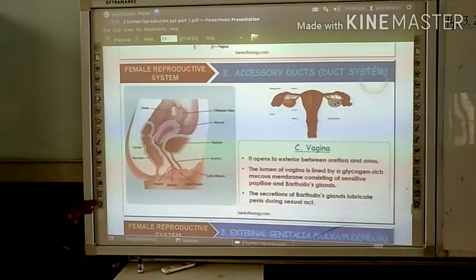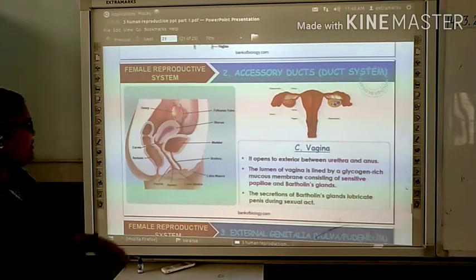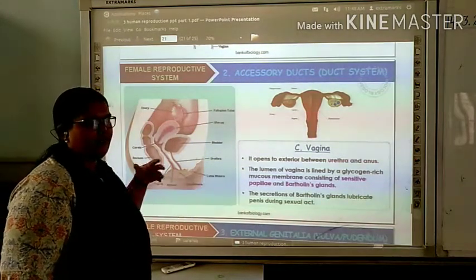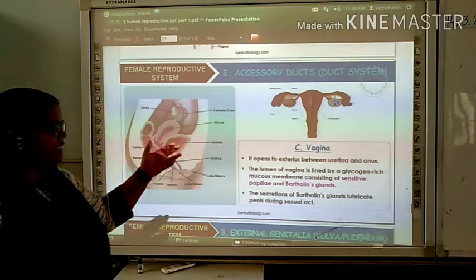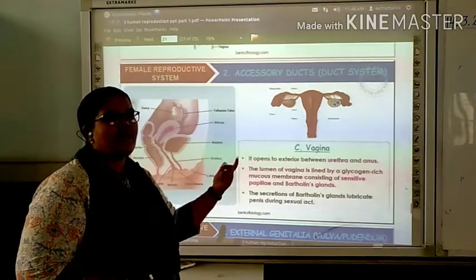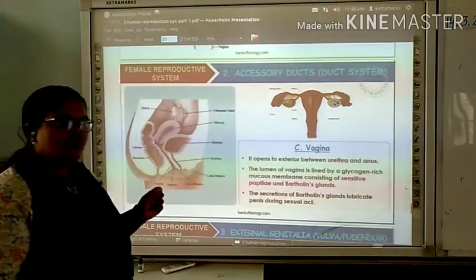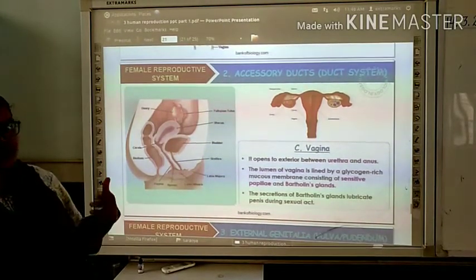So now the last part of the accessory duct that we are going to is the vagina, right. The vagina is the opening to the exterior. We can say this vagina opens to the exterior between the urethra and the anus. Through the urethra the female ejects urine, and the anus is for stool.